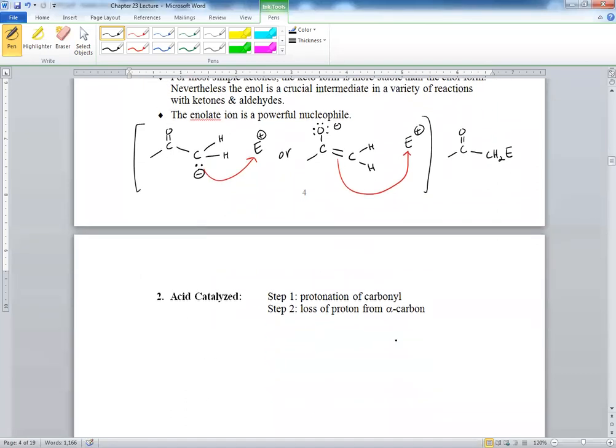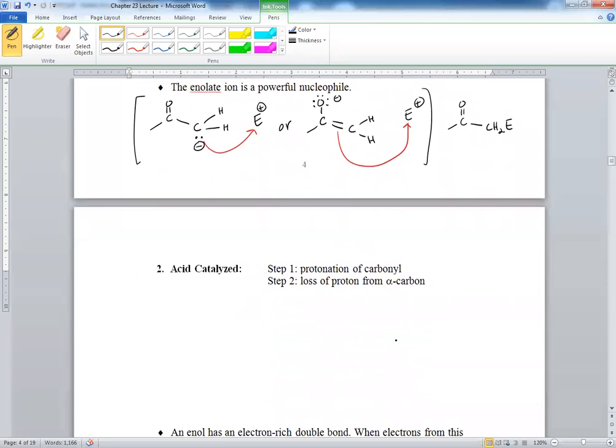Now, what about having an acid catalyzed reaction? So before we go, again, this is the alpha position. So here again, we say we added an electrophile to the alpha carbon.